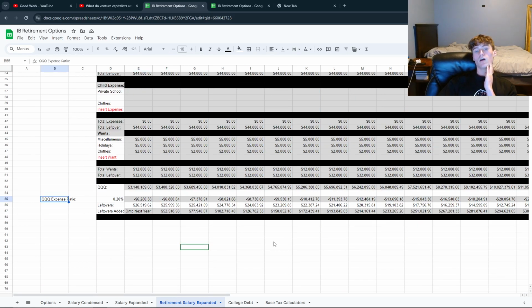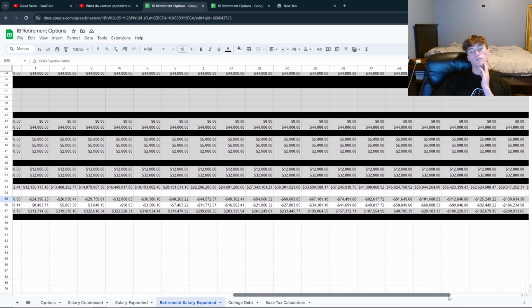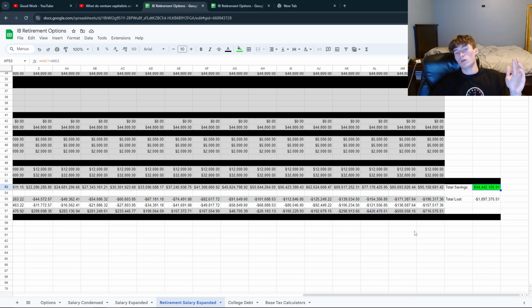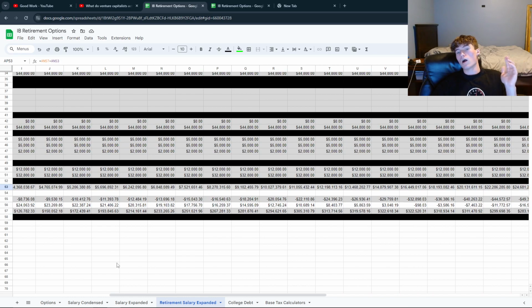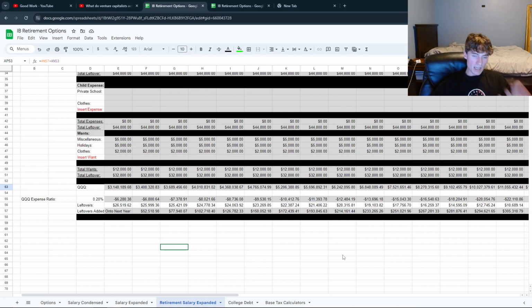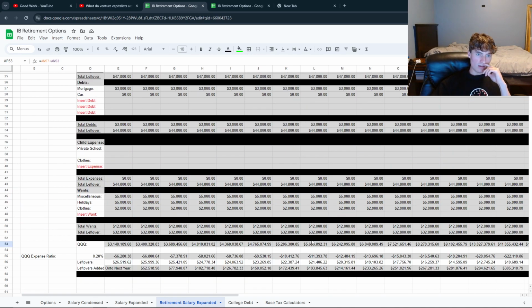But once you look all the way down here after the expense ratio, it'll really show you the real numbers of where you'll be after those expenses. So you'll end up with probably around 70 million, I would assume, because you are going to be taking out maybe $20,000-$30,000 more to make sure that you're able to pay for everything.